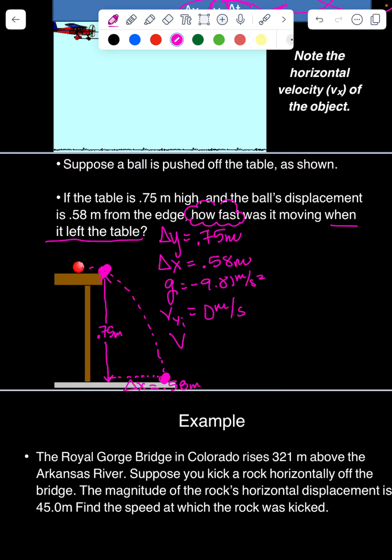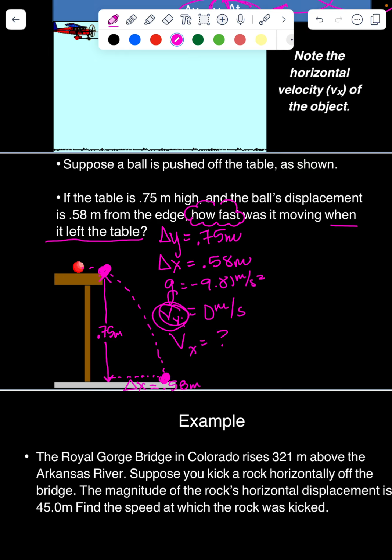At this point, what was its velocity? Well, that's at the beginning. We know that its initial vertical velocity was 0, so the only other type of velocity that it could have had at the beginning was a horizontal velocity. So we are looking for horizontal velocity.